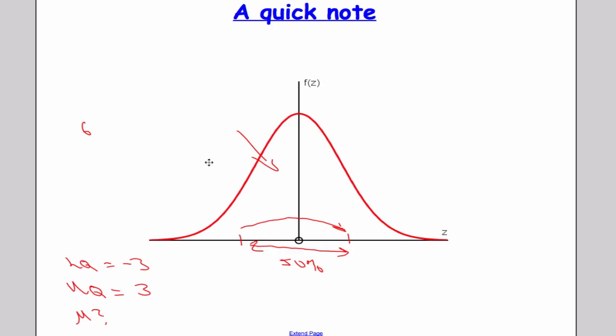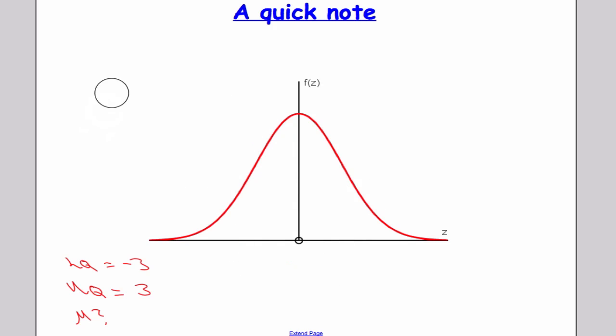So the distance from here to here is 6, which means halfway along, to find the middle value, is 3 steps ahead. 6 over 2 is 3. So if I want to get the mean, I just move 3 steps forward, which means the mean in this case is 0. And that's all down to the fact that it's symmetric.